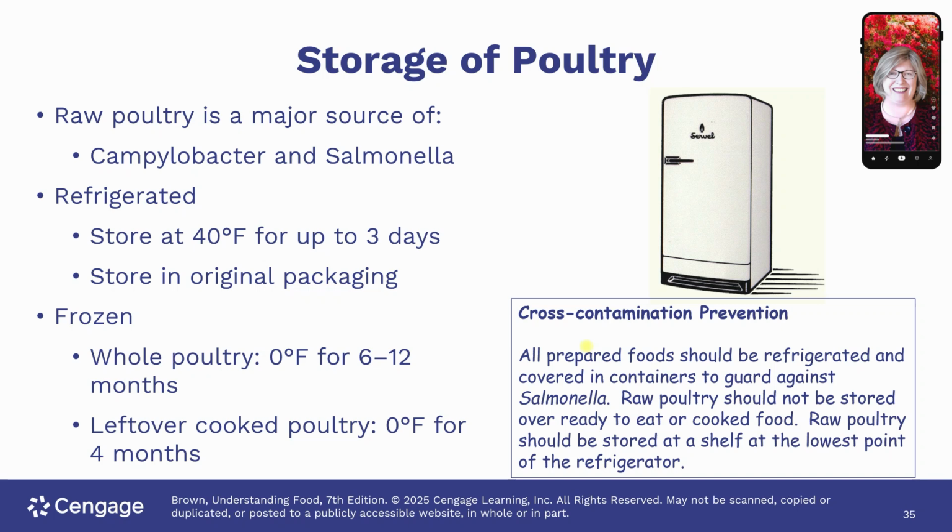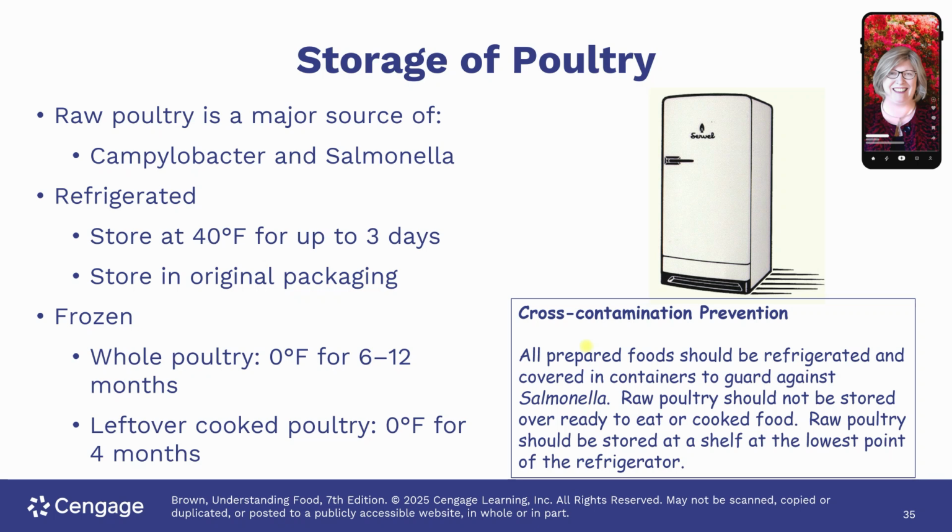To prevent cross-contamination in your refrigerator, all prepared food should be refrigerated and covered in containers to guard against salmonella. Raw poultry should not be stored over ready to eat or cooked food, or really over any other raw meat.